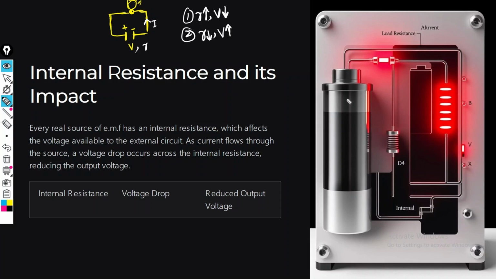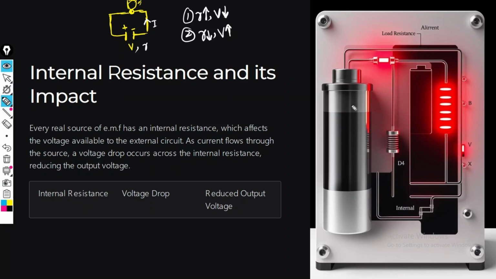Only the ideal battery, which is a hypothetical battery, does not have internal resistance, but that does not exist in the real world. Every battery in the real world will have some internal resistance, and engineers are trying to reduce the internal resistance of the battery.